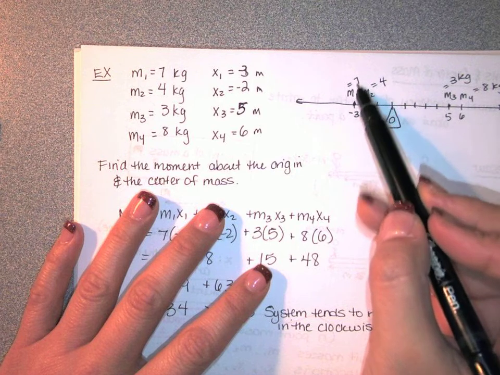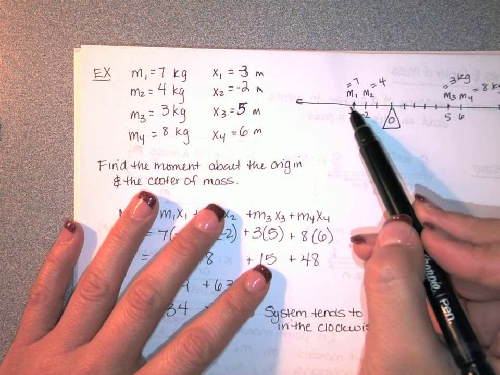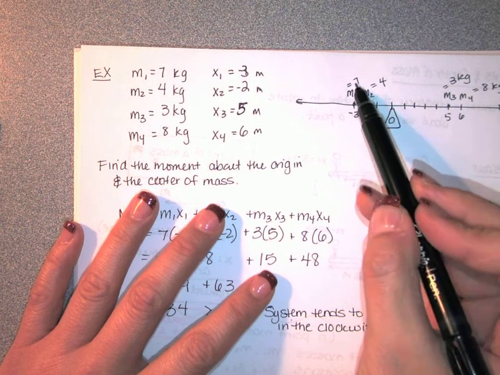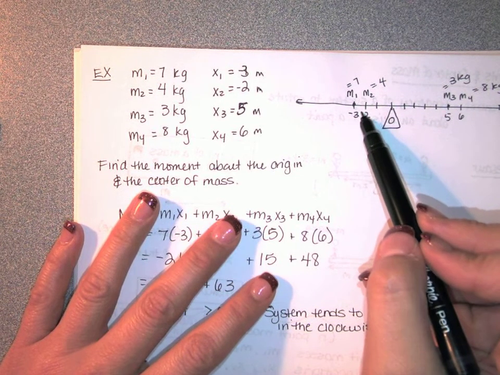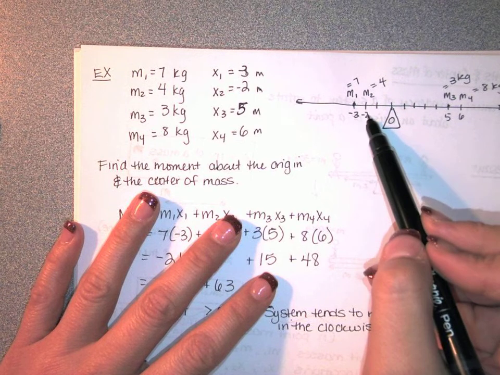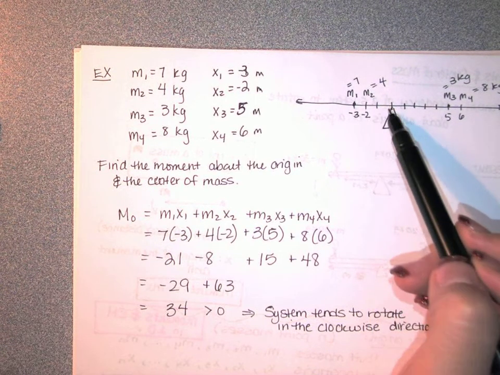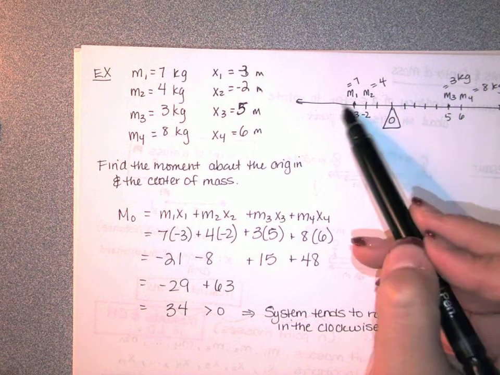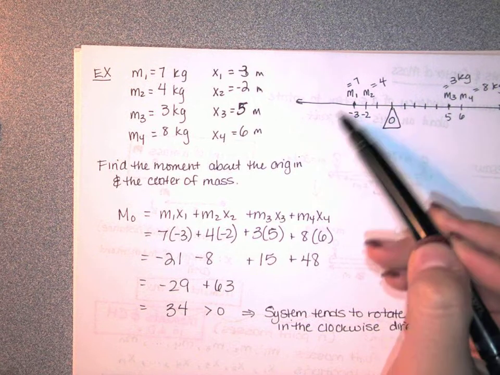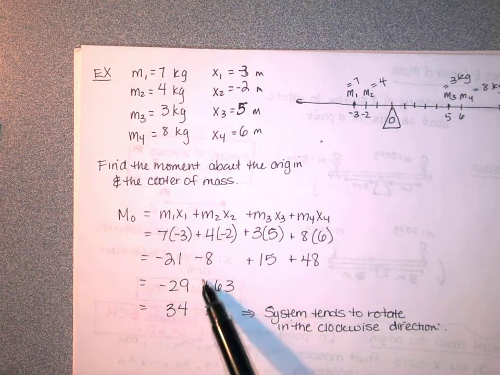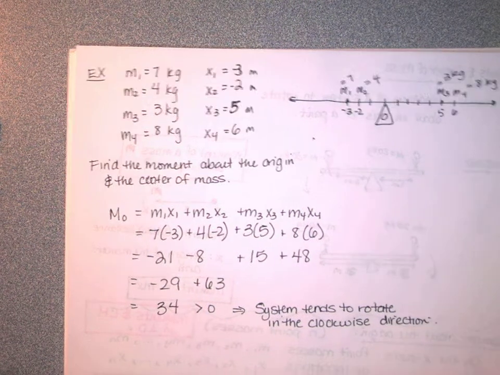And this one has a mass of 7 kilograms at -3 units, so it's 3 units away. The moment here is 21. So I've got 21 plus 8, that is 29, that's my measure of that moment that's tending to pull us in this direction. And that's that -29 when I do my calculation.